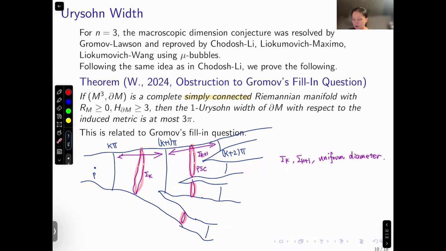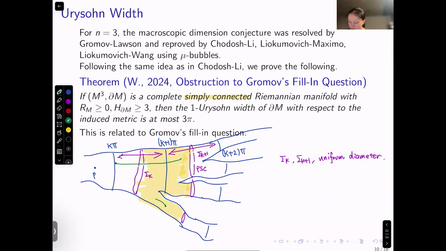So now I can look at the manifold that's being chopped up by my theta bubble, like this. And I can show that now this part has bounded diameter. The way we do it is to connect every point in this part to the end it's coming from.